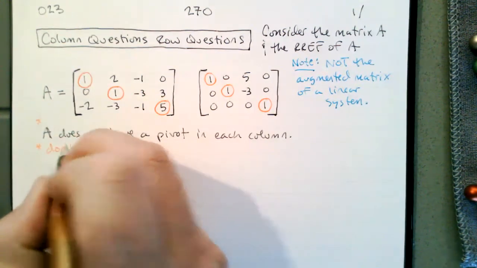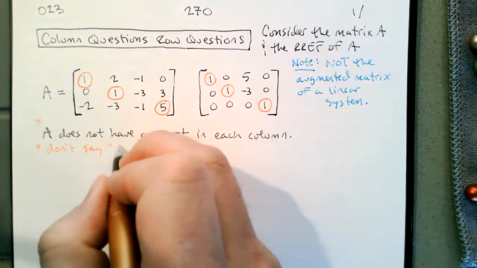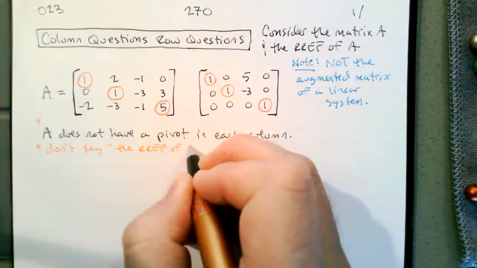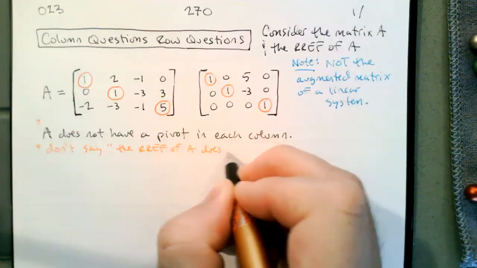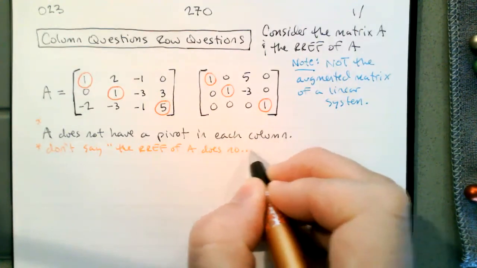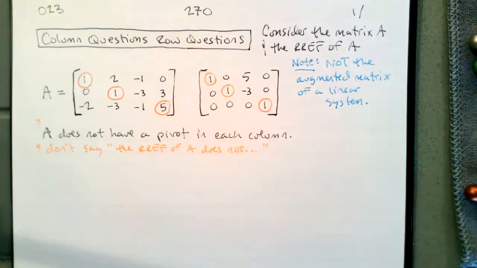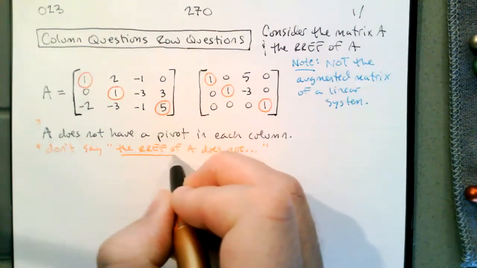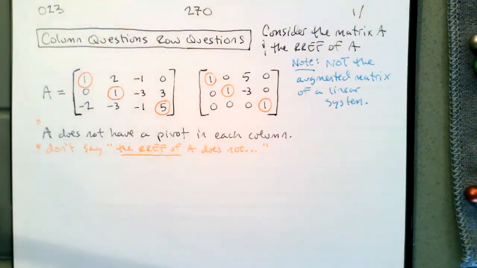Don't say the RREF of A does not have a pivot in each column. The pivots belong to the matrix. The pivot positions are in the matrix. We're just using the reduced echelon form to find out where they are. The pivots are fixed in the matrix.